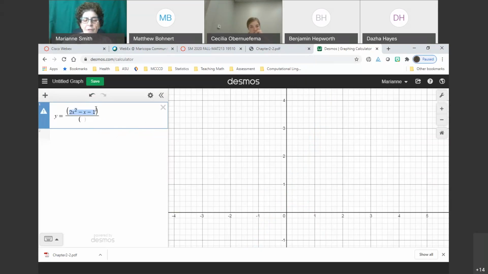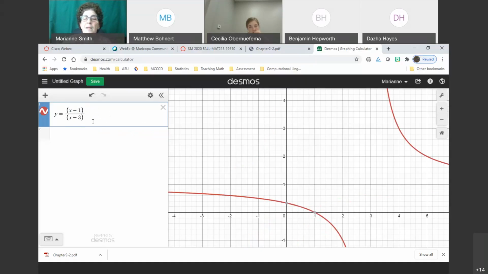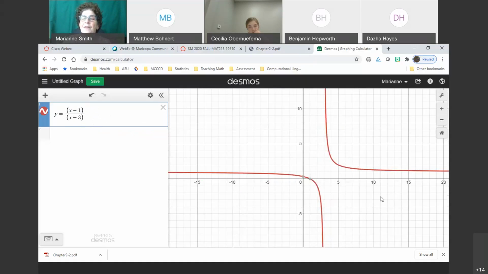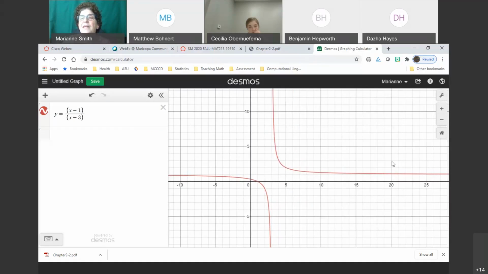I'll make it a simpler function. Okay, so let me zoom out a bit so you can see it. This looks more like your traditional rational function.